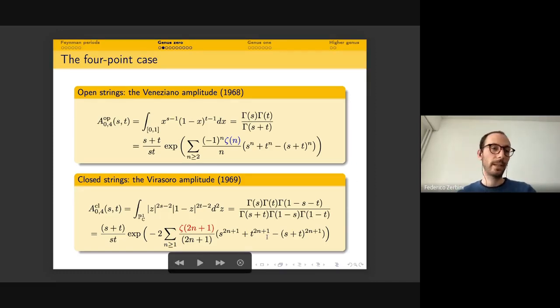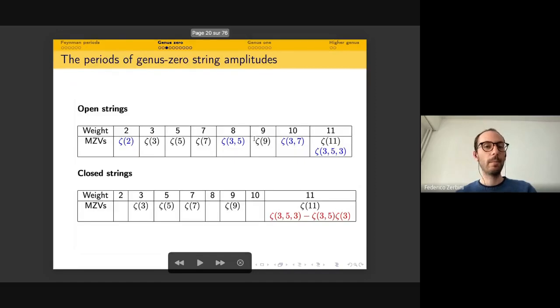But let me also tell you that in general, one would like to look at the genus 0 amplitude for n strings, and one finds numbers, so periods, which are slightly more general than these simple zeta values, but they are always contained in the ring of multiple zeta values.